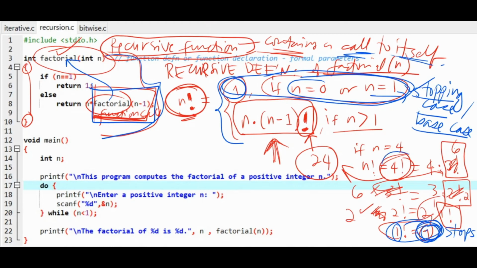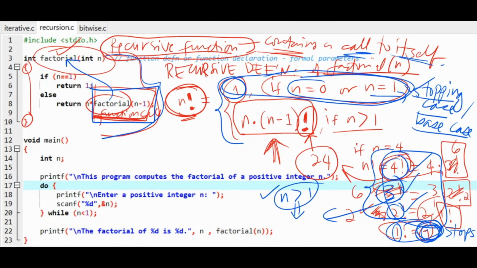But in these 3 cases, 4 factorial, 3 factorial, and 2 factorial, n is greater than 1. In this case n is 4, it is greater than 1. In this case n is 3, it is greater than 1. In this case n is 2, it is greater than 1. So for all these cases, when n is greater than 1, we are led to compute the factorial again.